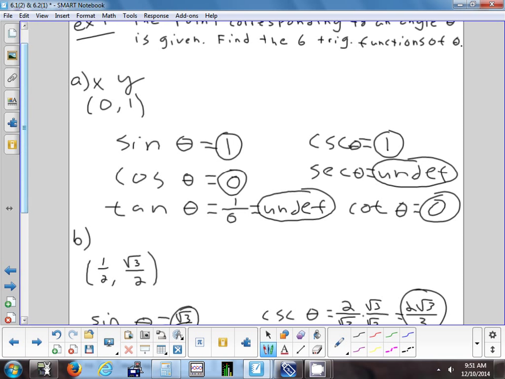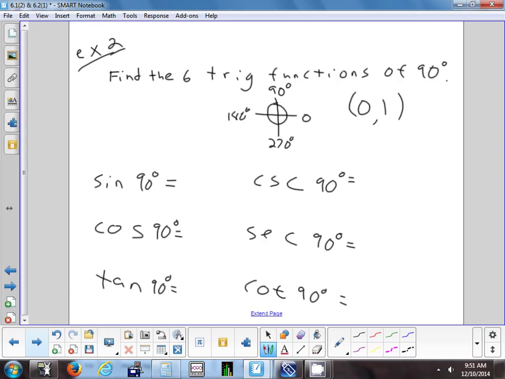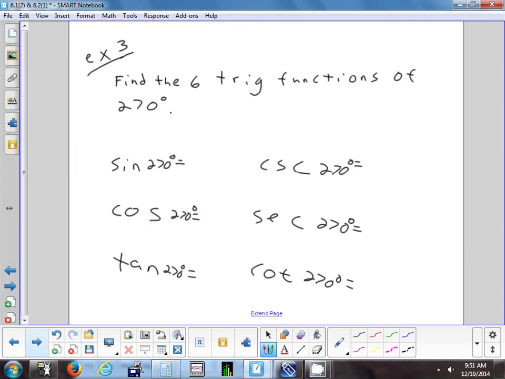We just did that problem. So just look at example 1a for all the answers. The only extra step is figuring out the coordinate. Okay, all your answers are in example 1a. Okay, how about 6 trig functions of 270?